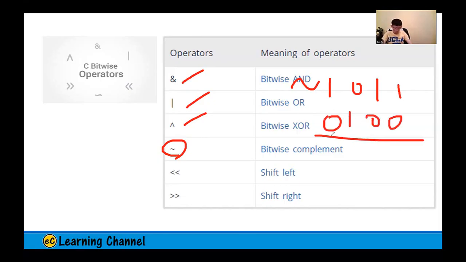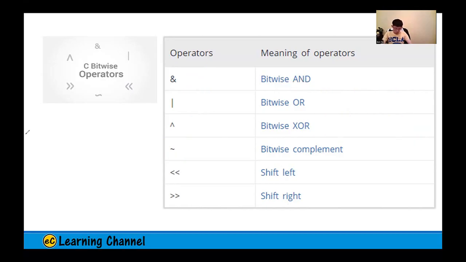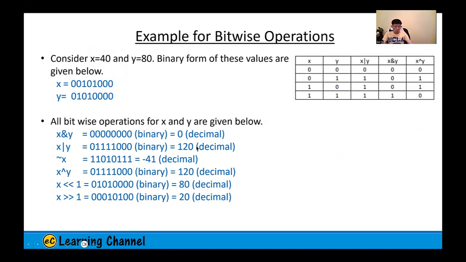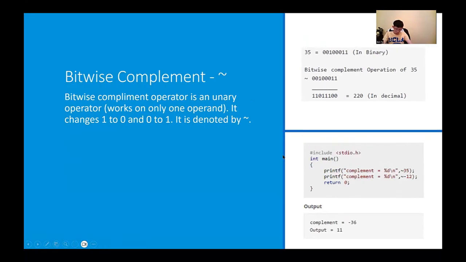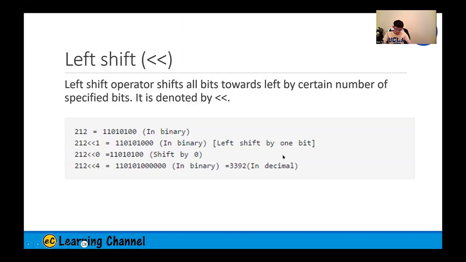Just get the bitwise free, and then you have left shift, right shift, as we already talked about. Here is the truth table. This we just go through it, and then shifting we talked about already.